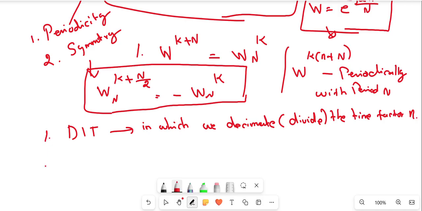The second algorithm is decimation in frequency FFT. You can perform the FFT either by decimation in time or decimation in frequency.